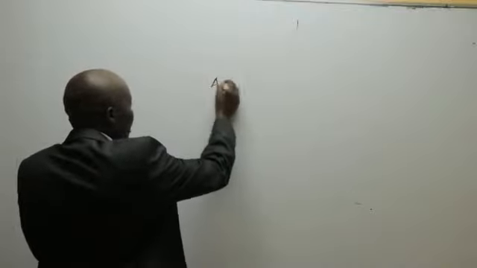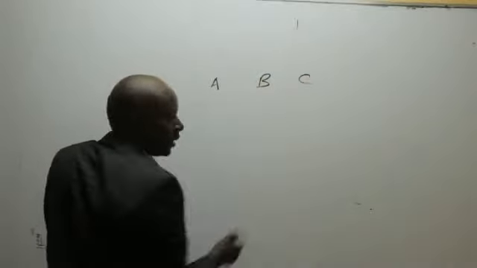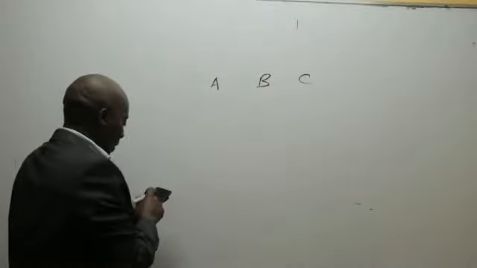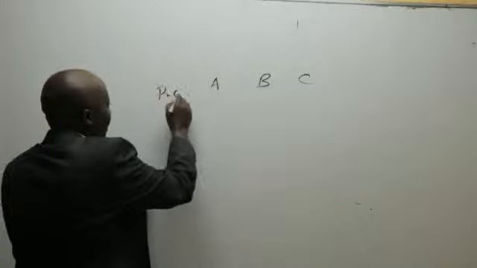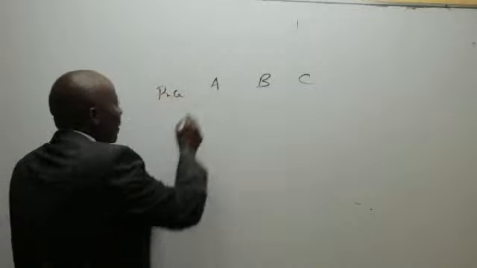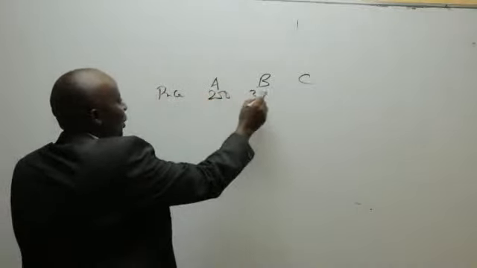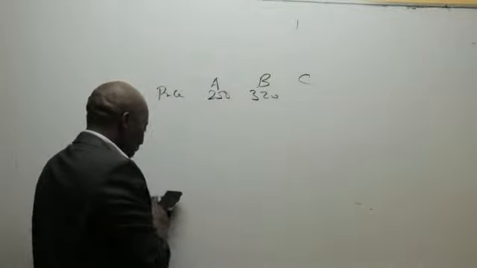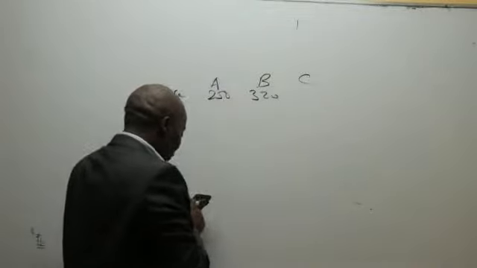So we have here A, B, C. The prices: A is 250, 320, and then we have 460.